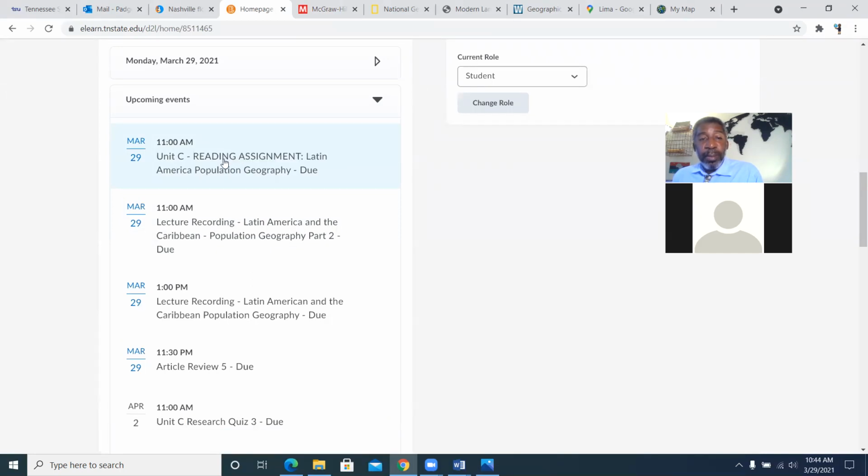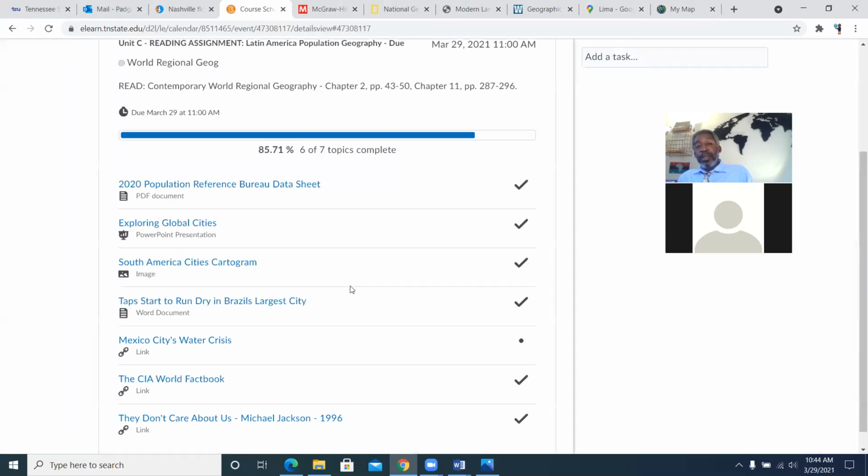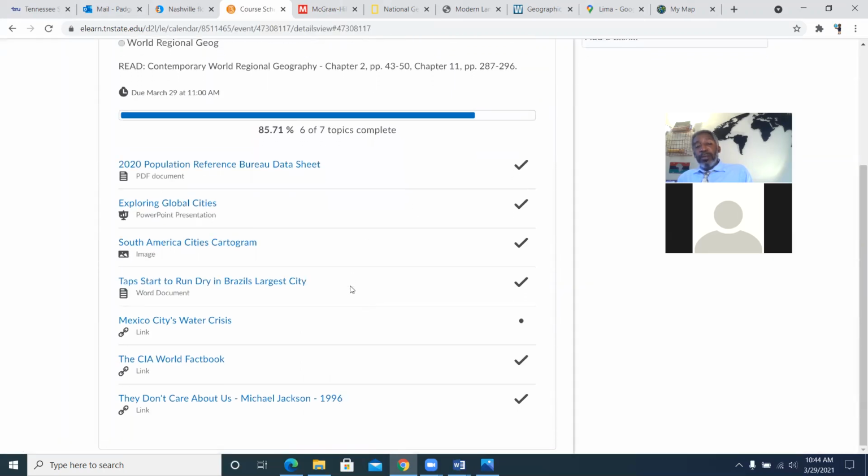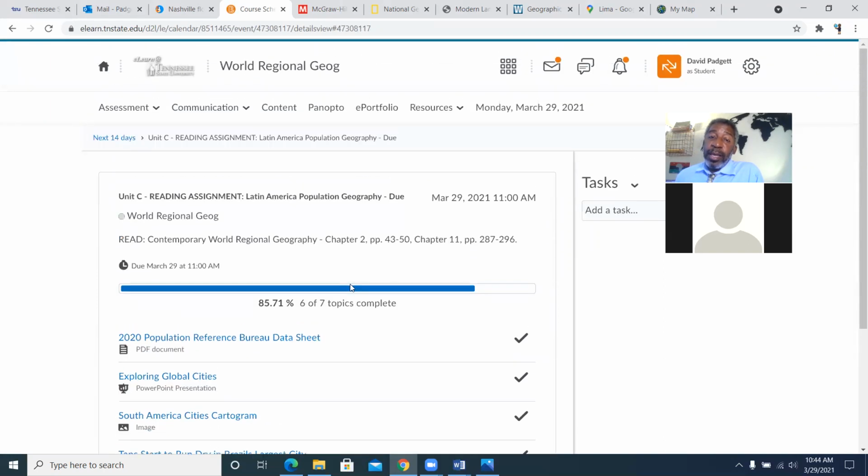The Latin American population geography, part 1 and part 2, will give you some guidance, and obviously the Latin American population geography reading assignment will give you even more insight into coming up with correct answers to this week's quiz.